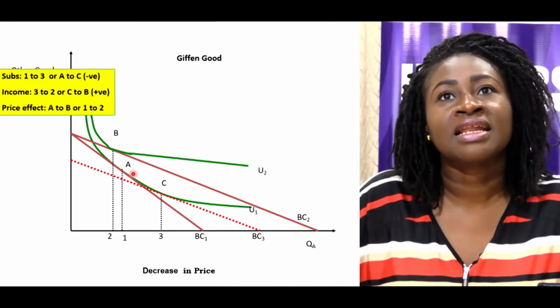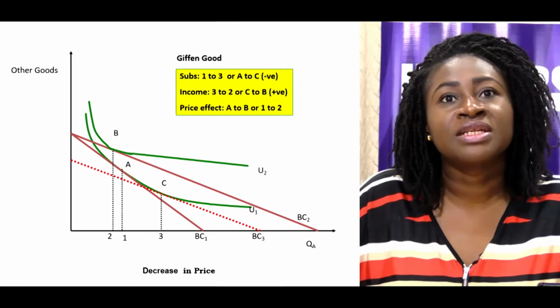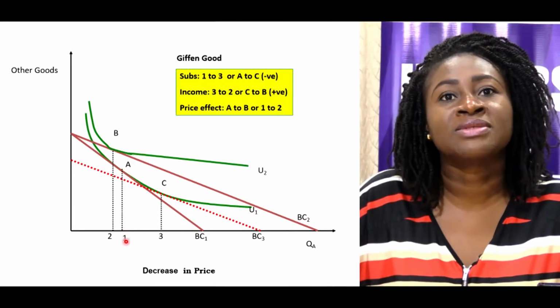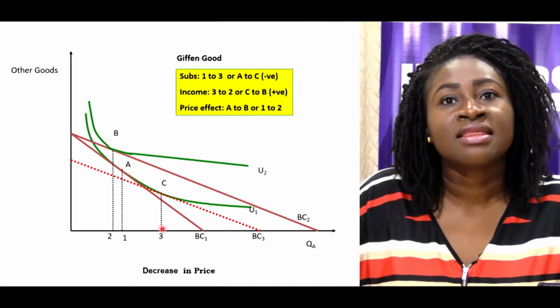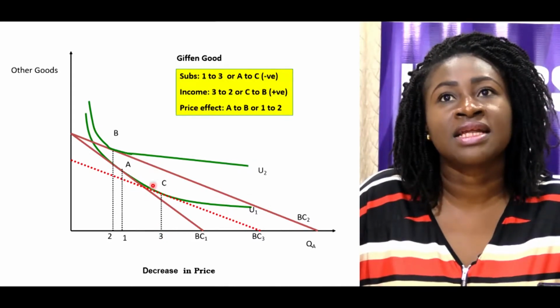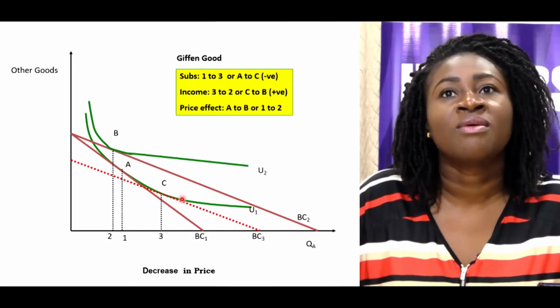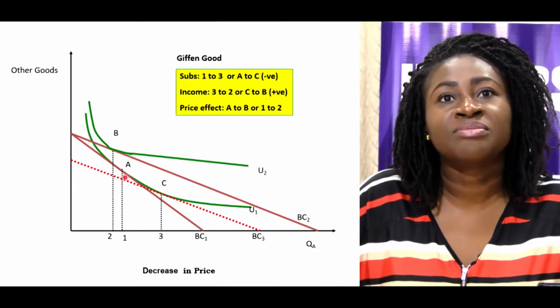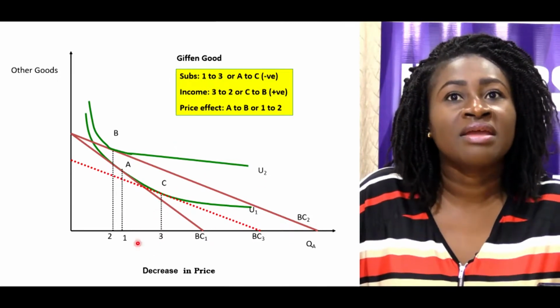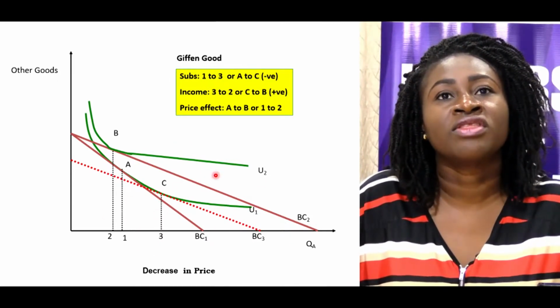You see that with the substitution, the consumer moves from point 1 to point 3, right? A to C, that is a substitution effect. What is happening? A decrease in price is making the consumer do what? Increase the consumption of the good.